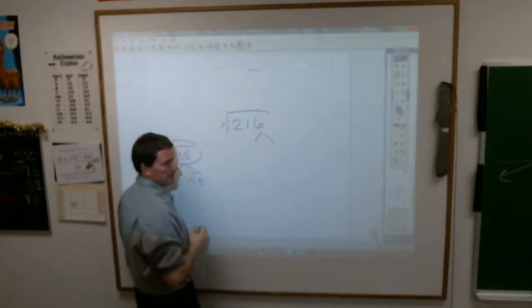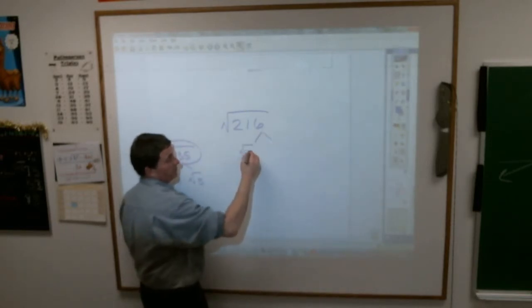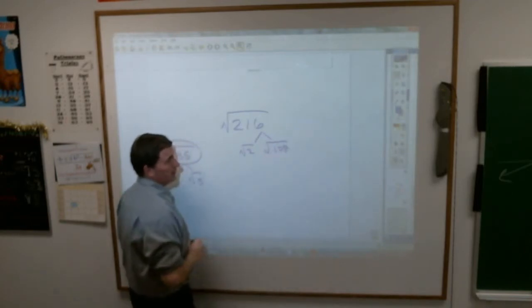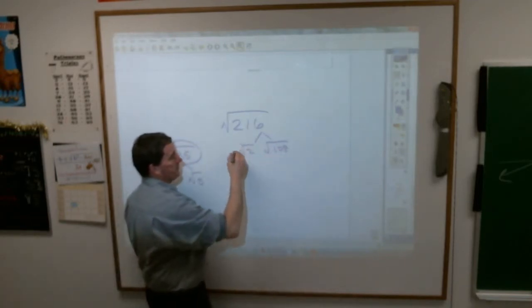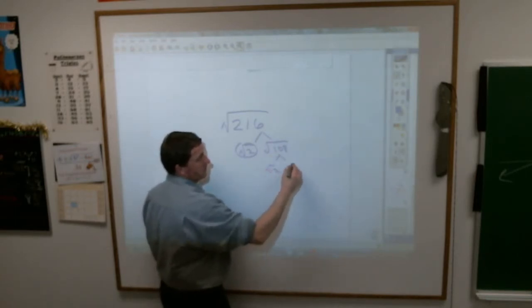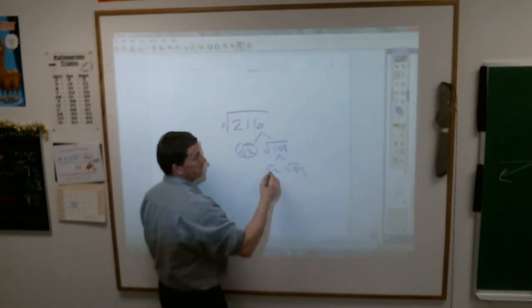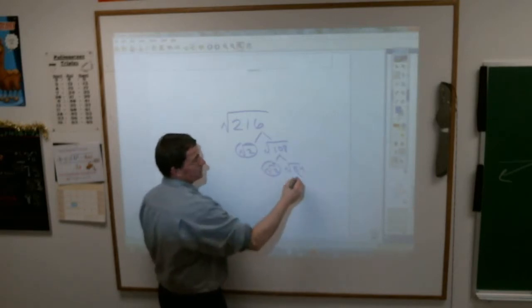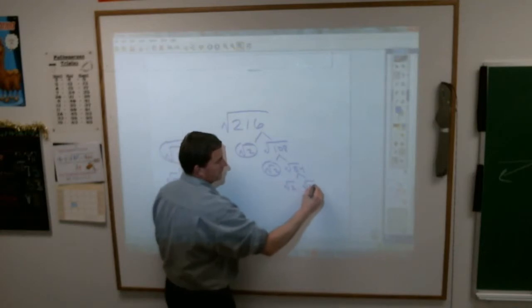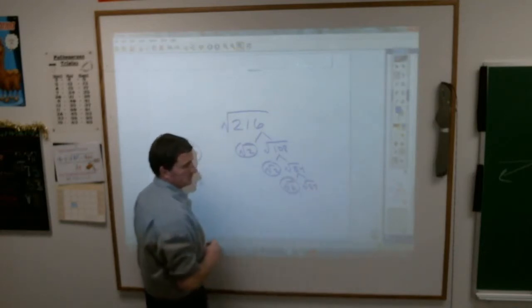Square root of 216 is, let's just go square root of 2 times the square root of 108, right? You can stop with this one. Square root of 108 is the square root of 2 times the square root of 54. Let's stop at that square root of 2. Square root of 54 is the square root of 2 times the square root of 27.